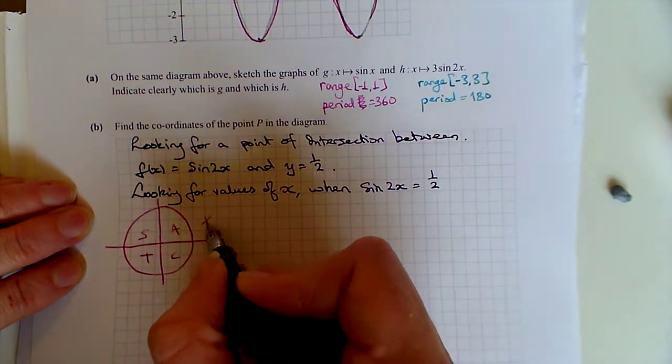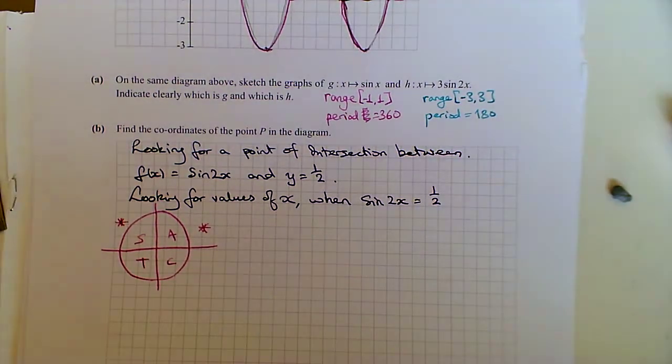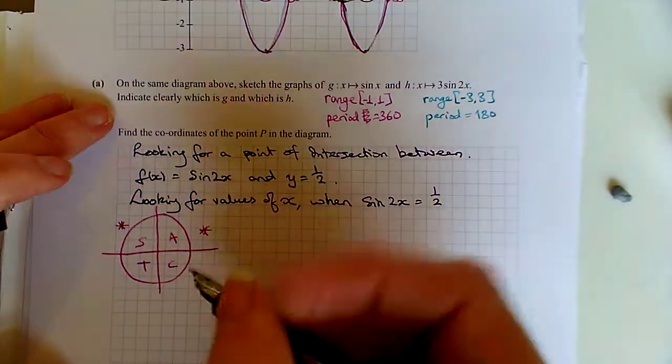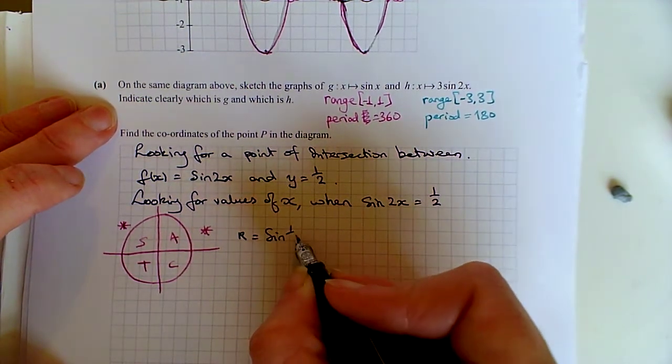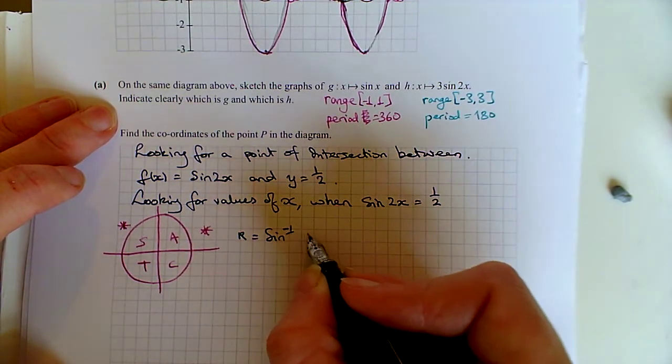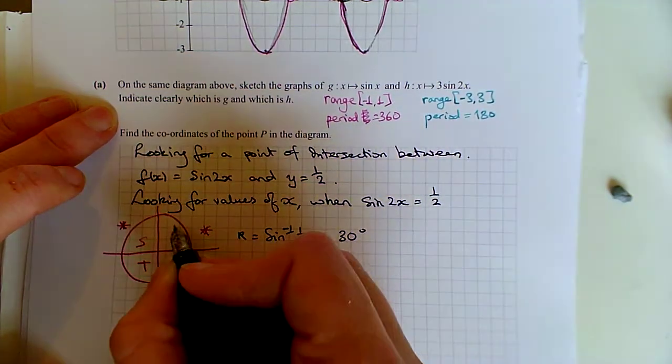ASTC, sine is positive in the first and second quadrants, and we're going to go through all of this. So my reference angle is sine inverse of a half, which is 30 degrees.